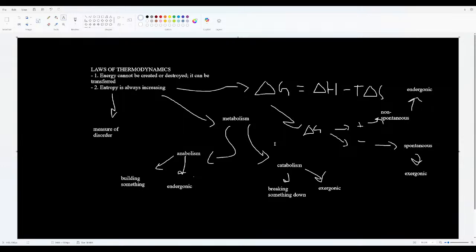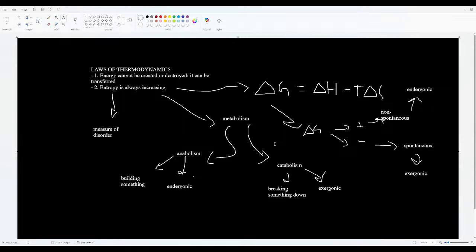Specifically, with catabolism, an example of that would be cellular respiration. So you think of cellular respiration, you take sugar, you take oxygen, you do a whole bunch of chemical reactions, and eventually you end up with CO2, you end up with water, and you end up with energy.